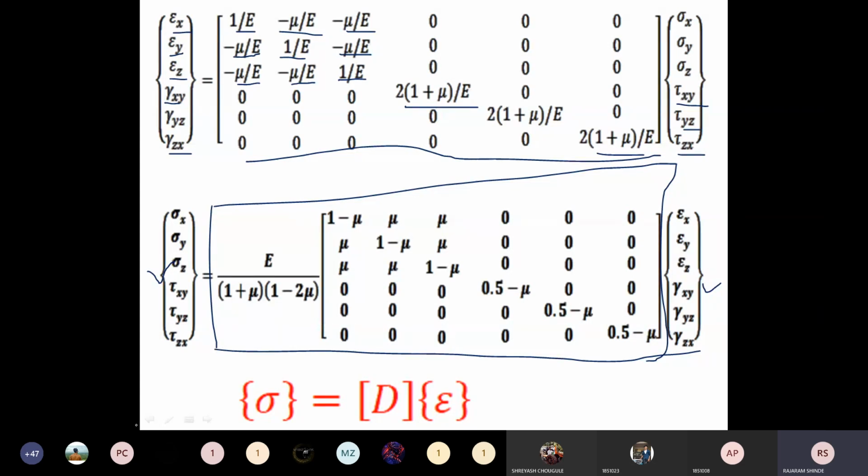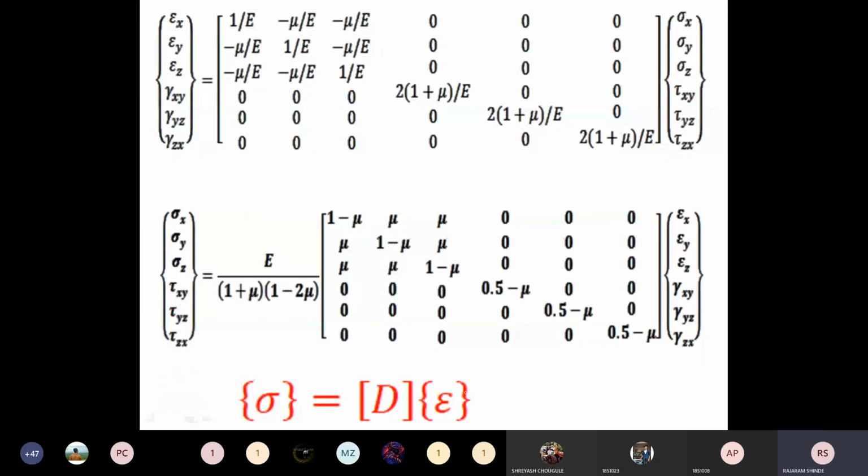Now here also, depending upon the problem, this relation will change. If it is a one-dimensional problem, the D matrix, sigma matrix and epsilon matrix will change. If it is two-dimensional, again this will be different, and if it is three-dimensional, your sigma matrix is this one, D matrix is this one, and epsilon matrix is this one.